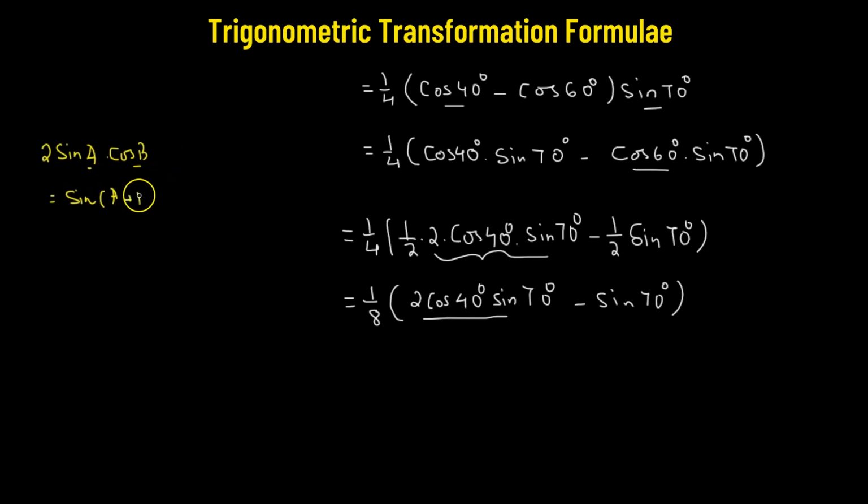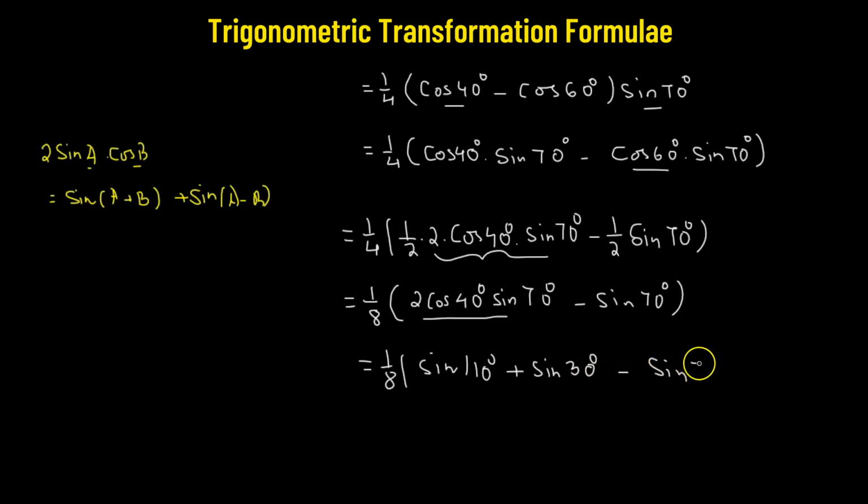That means we have sine of A plus B plus sine of A minus B. Fine. So let's use this formula. We're going to get 1 over 8 and multiplied to it will be sine of 70 plus 40, so that's 110 degrees, plus sine of 70 minus 40, so that's 30 degrees. So we have sine 30 degrees minus sine 70 degrees.